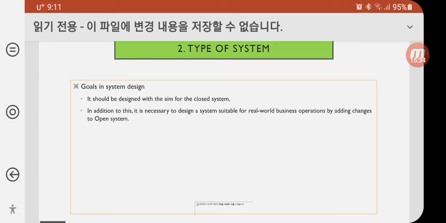So, the goal in system design is that it should be designed with an aim for closed systems. In addition to this, it is necessary to design systems suitable for real-world business operations by adding changes to open systems.